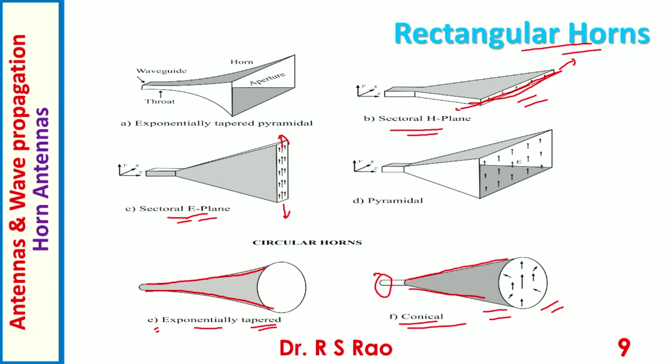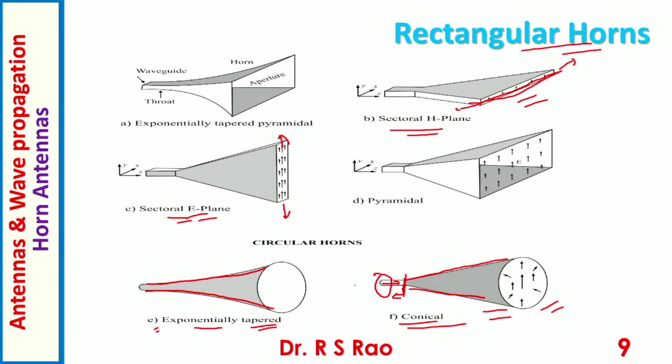Here you can see the wave sees a sudden discontinuity. Up to this, it is a circular waveguide, and after that, it is a horn antenna whose cross-sectional area is increasing. So there is a discontinuity. The wave sees a discontinuity, and it results in reflections. Mismatch gives rise to reflections. Reflections are always poisonous, harmful.